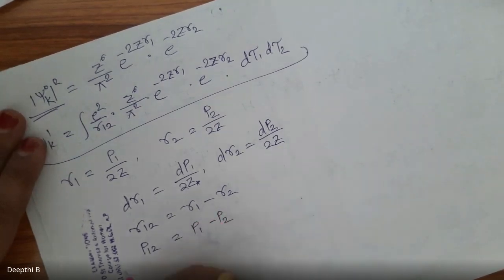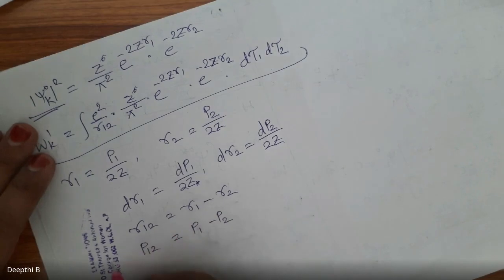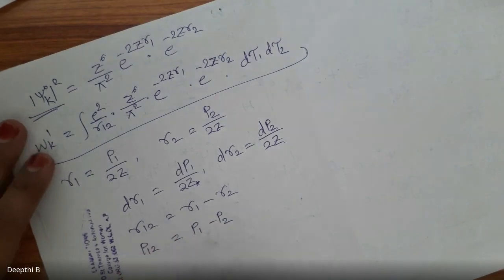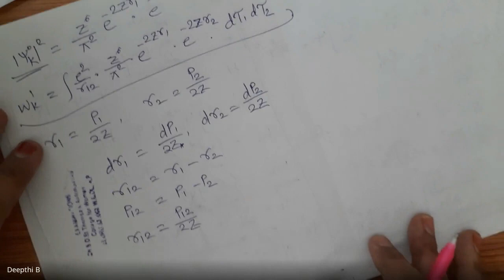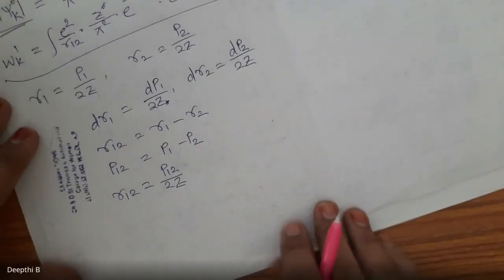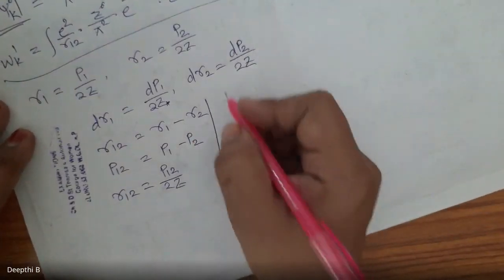So here we can write r12 is equal to p12 by 2Z. How does it come?